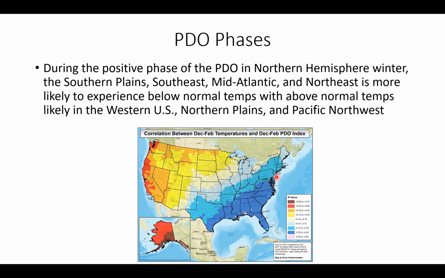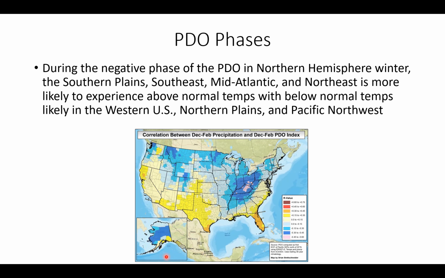And then the cooler than normal temps set up from the mid-Atlantic down to the southeastern U.S., the southern U.S., even you in Florida with a positive phase PDO. And let's not leave our friends of Alaska out here, well above normal air temperatures for you in Alaska as well during a positive phase of the PDO.